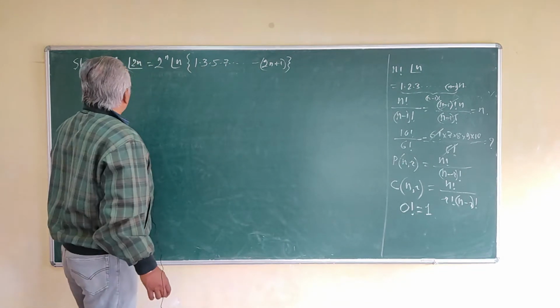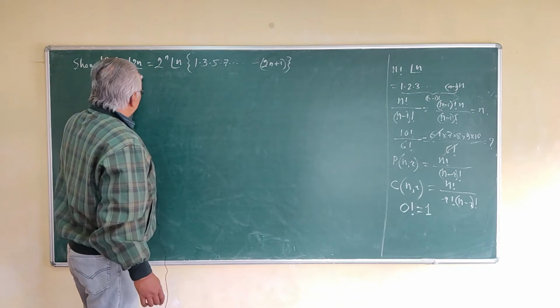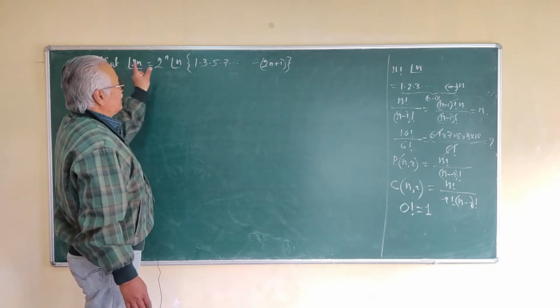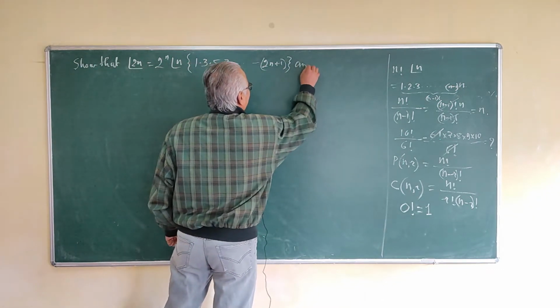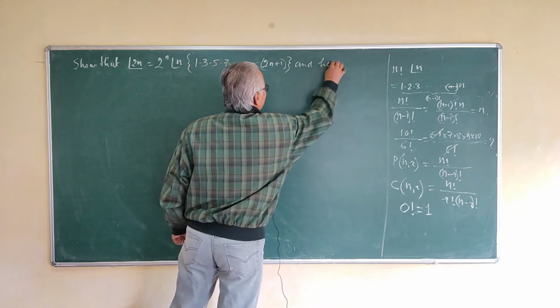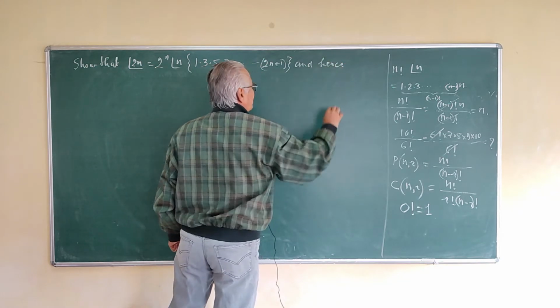Okay. You have to show that twice n factorial is equal to that, and hence you have to show something else also.